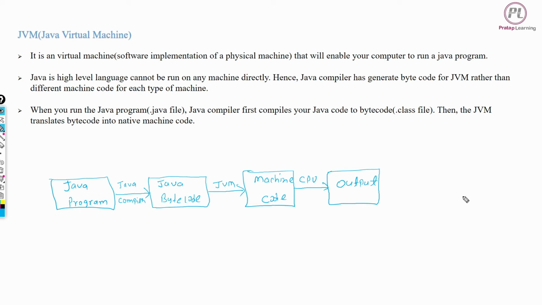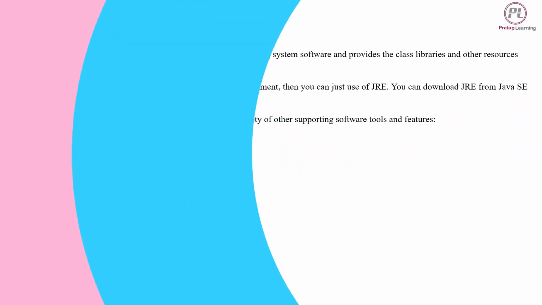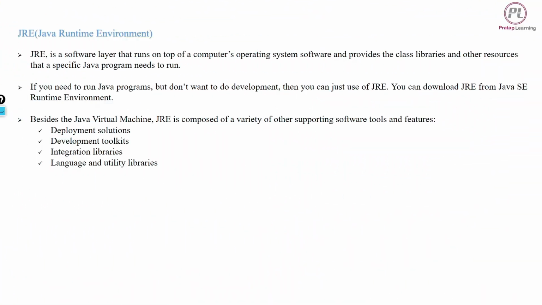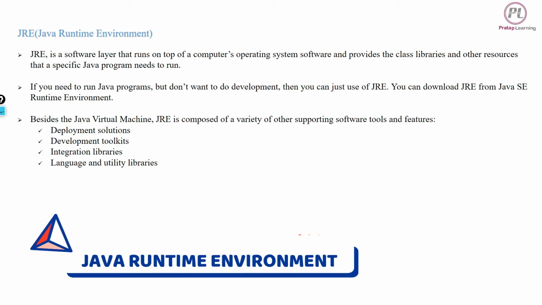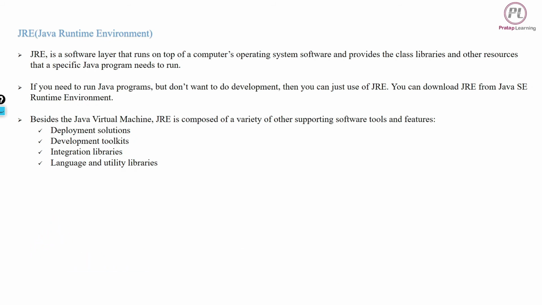So now we will move forward to JRE. JRE stands for Java Runtime Environment. We can also write it as Java RTE. JRE is software that runs on top of operating systems and provides libraries and other resources that are required to run a Java program.